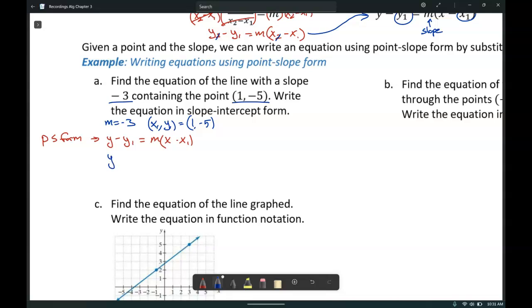So y1 is negative 5, our slope is negative 3, and x1 is 1. So we can simplify our equation. We have y plus 5 equals negative 3 times x minus 1. So this is the point-slope form.